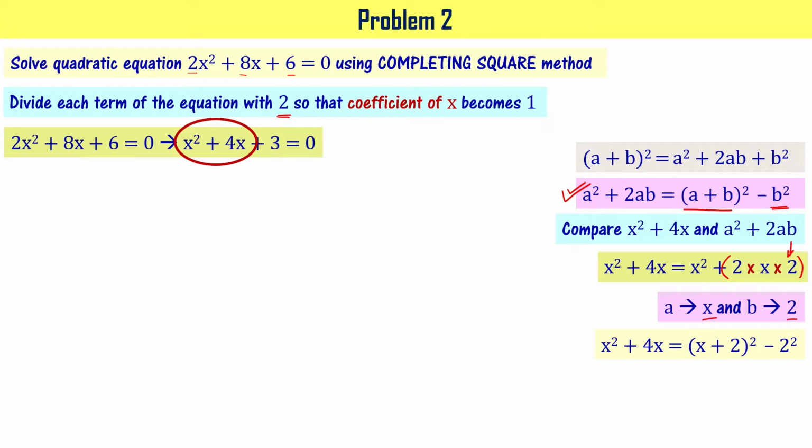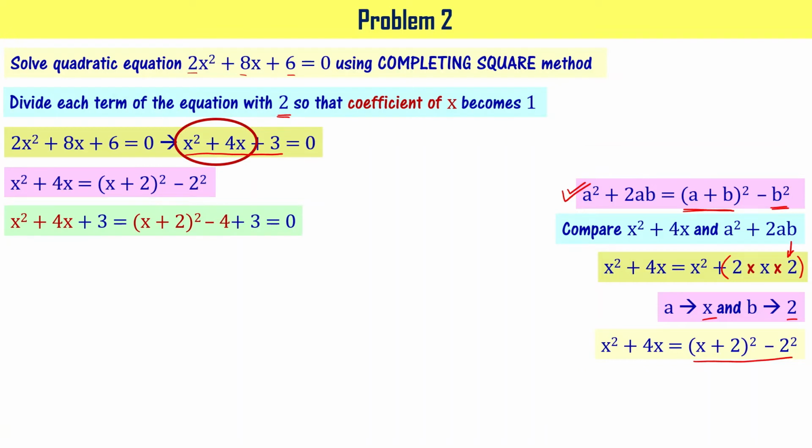When you substitute, you get x² + 4x = (x + 2)² − 2². Let's take a note of that. So we can now substitute that into this particular equation, right?